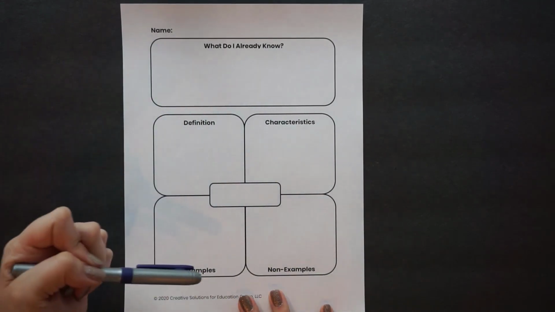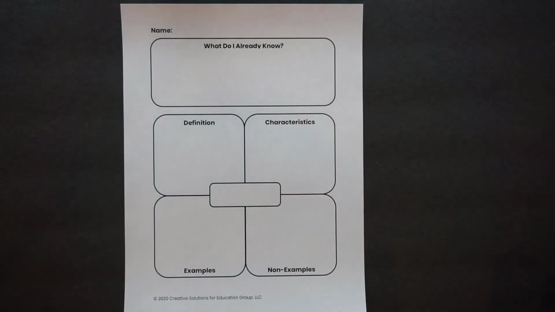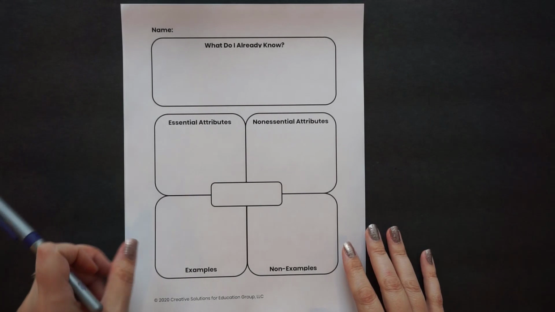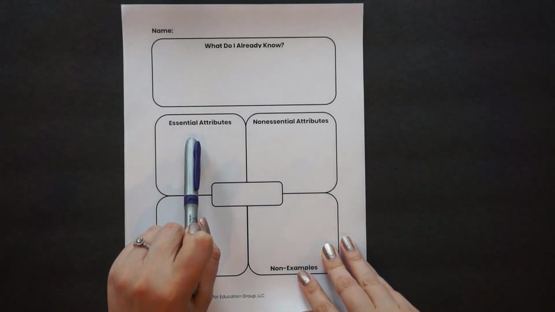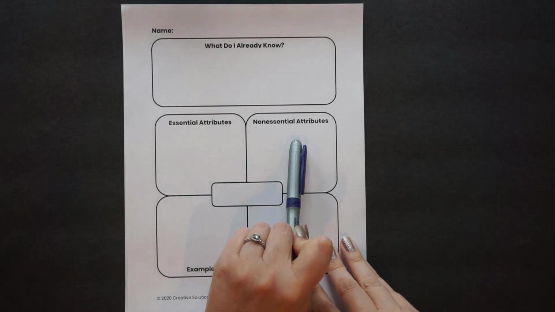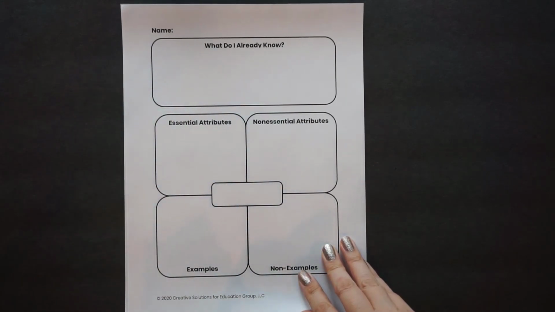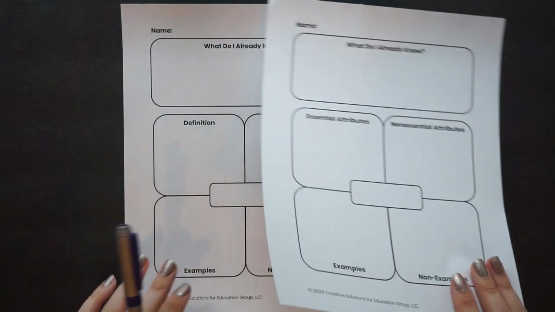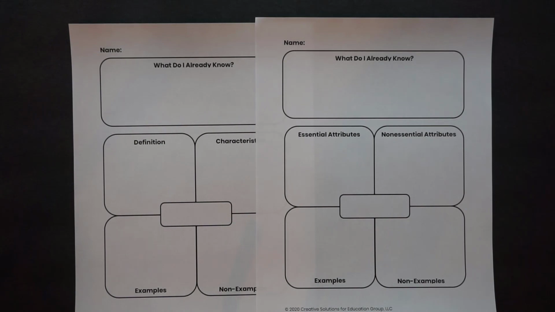This is the original version. You will often see another version that looks like this, where instead of definition and characteristics, you have essential attributes and non-essential attributes. I prefer this one personally, and I'll get into that shortly, but these are the more traditional examples of the Frayer model.